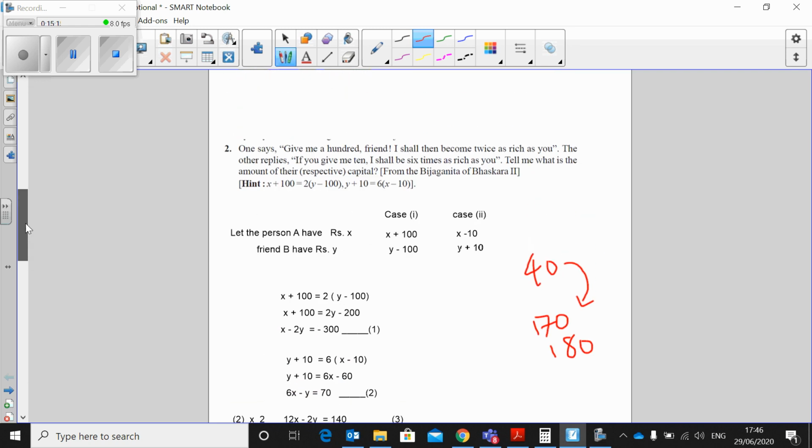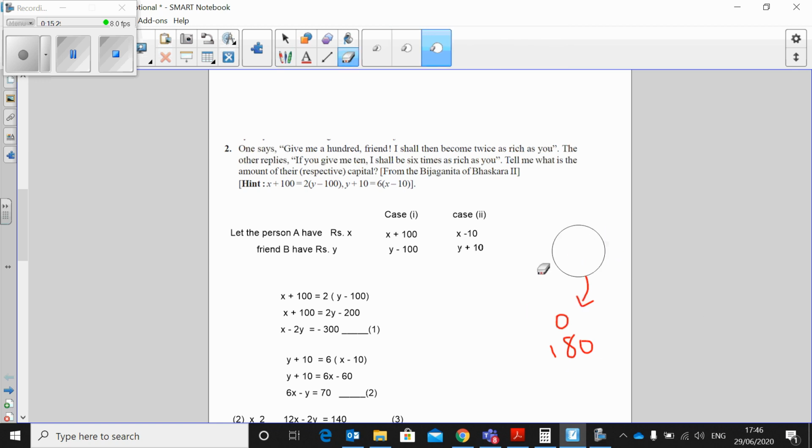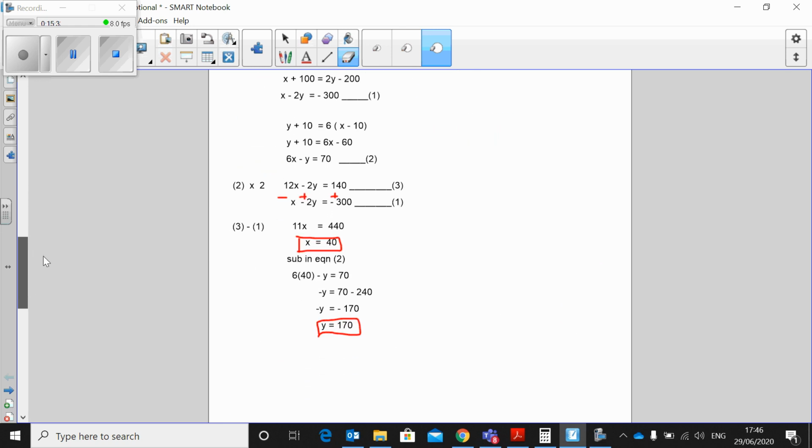Okay. So then he will become what? 30 now. So he has become 30. So 6 times 30 is 180 rupees. Correct? So this is how we have to cross check whether we got it correct or not. If you find time in exams, please cross check whether you are satisfying the condition or not.